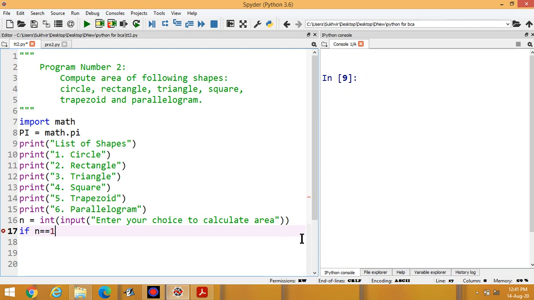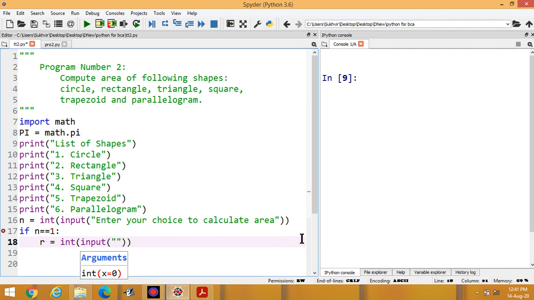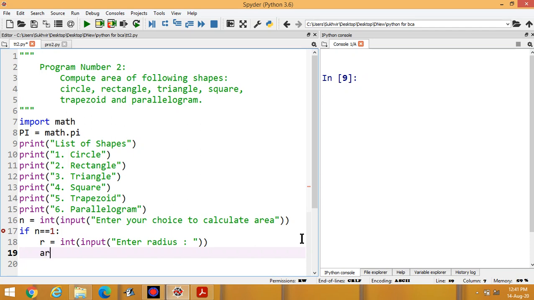If n is equal to 1, then r is equal to int input. You can write here "enter radius", then area. You can write a1 because it's the area of the first diagram.